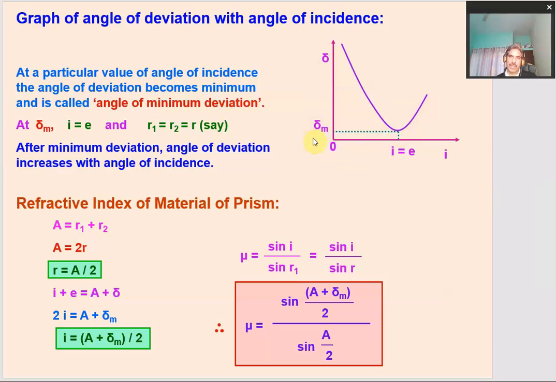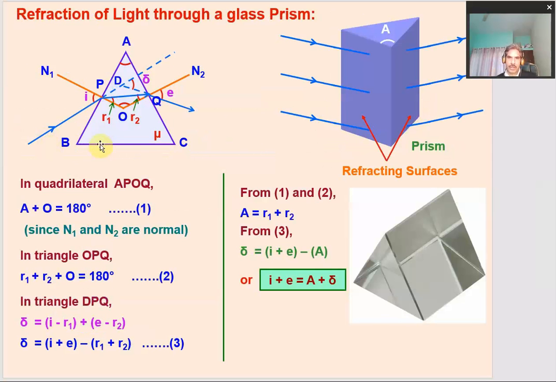What happens here is very interesting. When we get the minimum angle of deviation, for that particular value of angle of incidence, this angle of incidence is always equal to the angle of emergence.